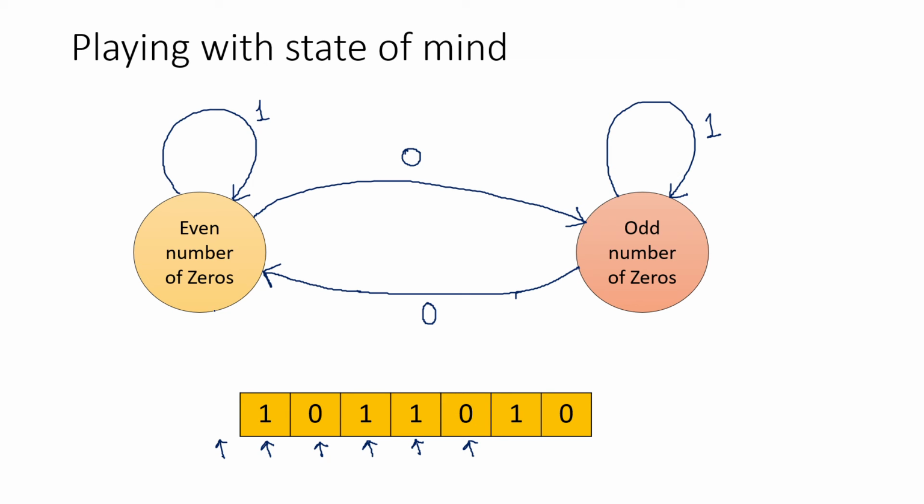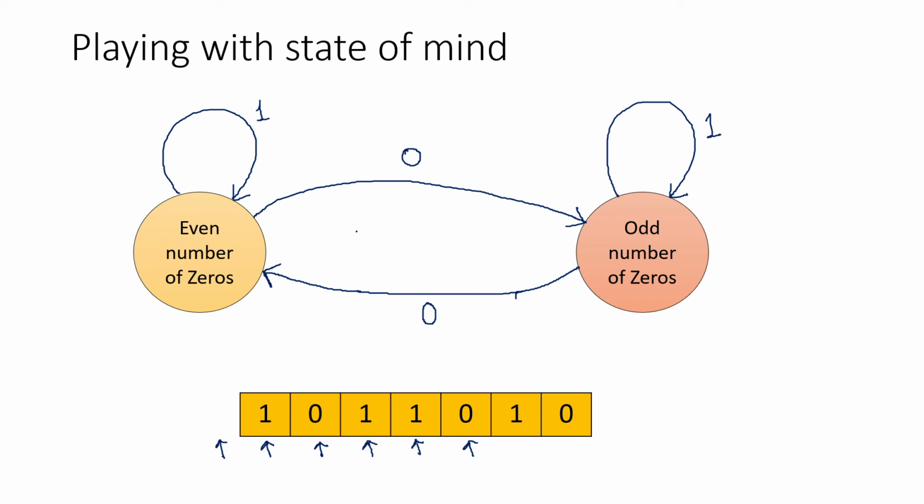Due to this 0, it came here, and I have got a 1 again. If I got a 1, then your current state of mind is that you have seen an even number of zeros, and due to this 1 your state of mind will not change. It will remain in this loop. Due to this loop, you will remain in this state.